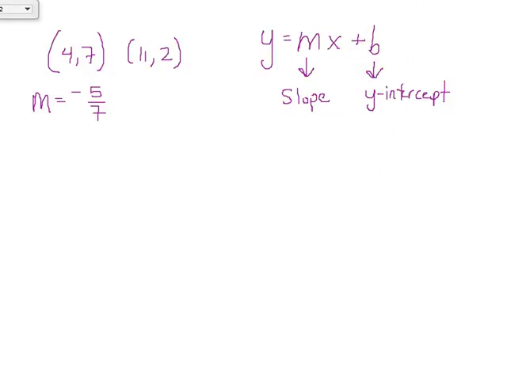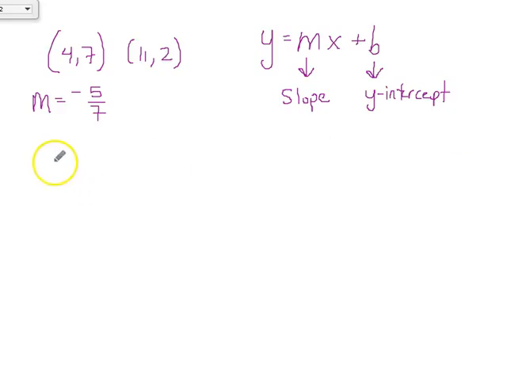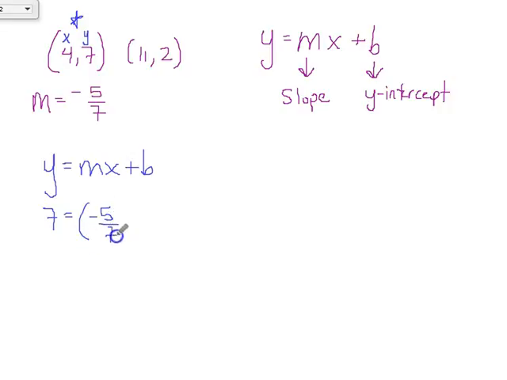So a way that we can find our y-intercept is to use the information we've gathered so far. So here, y equals mx plus b. Let's choose one of our coordinates. I'm just going to go with this coordinate here, and I'm going to plug in the values for x and y. So y is 7 equals, I know that my slope is -5/7, and the x coordinate is 4, plus b.